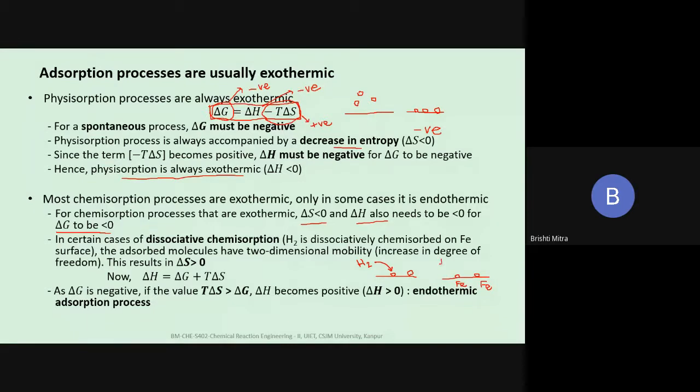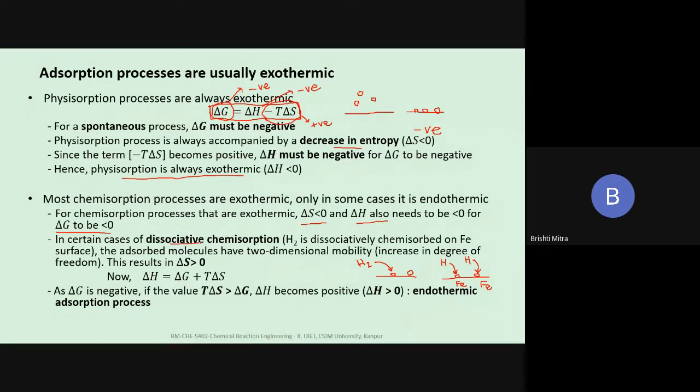Then sometimes what happens is that this hydrogen dissociates into two hydrogen atoms, and each hydrogen atom then interacts with each metal site. So this kind of adsorption is known as dissociative chemisorption.